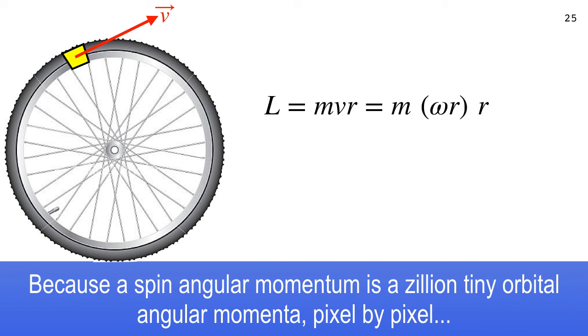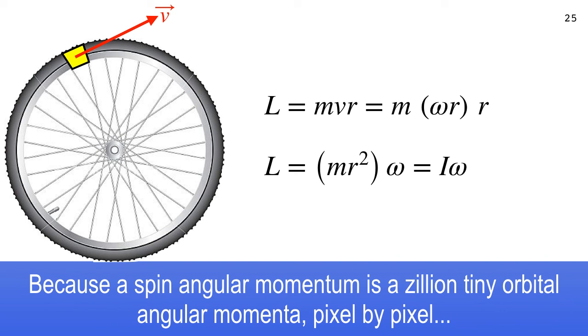So if you look at that now, we have angular momentum with a spin parameter omega instead of an orbital parameter v, the orbital speed v. So m omega r times another r. Actually, you can write it this way: m omega times r squared, or mr squared times omega.